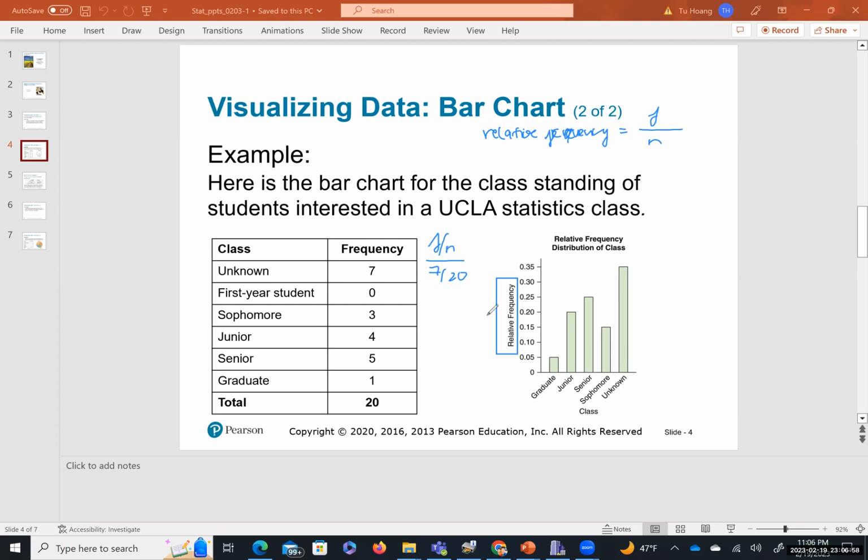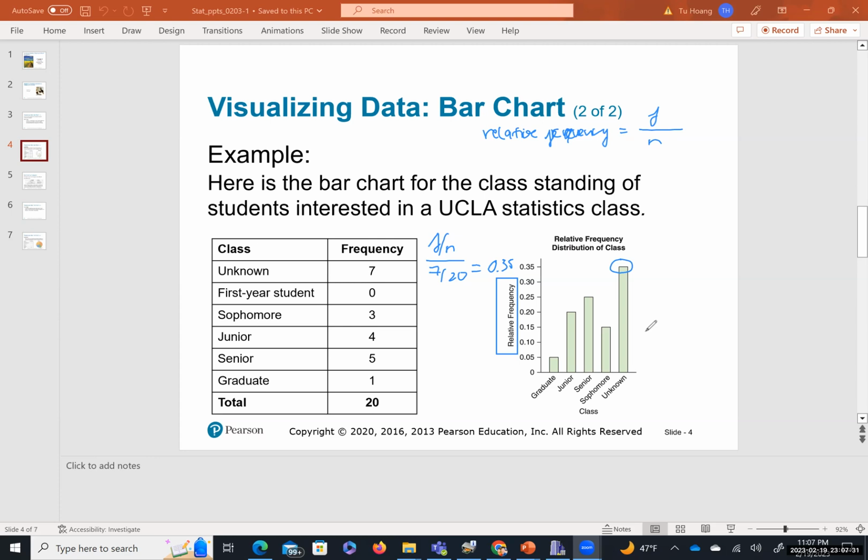So that's the reason why I have unknown there as 0.35. Okay, and so on. And we can compute the rest of them and put them as relative frequency in here. Okay, so that's for the bar chart.